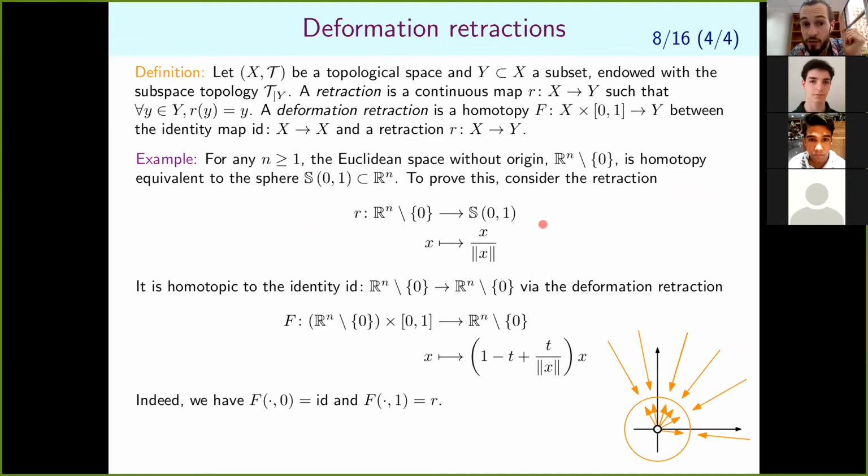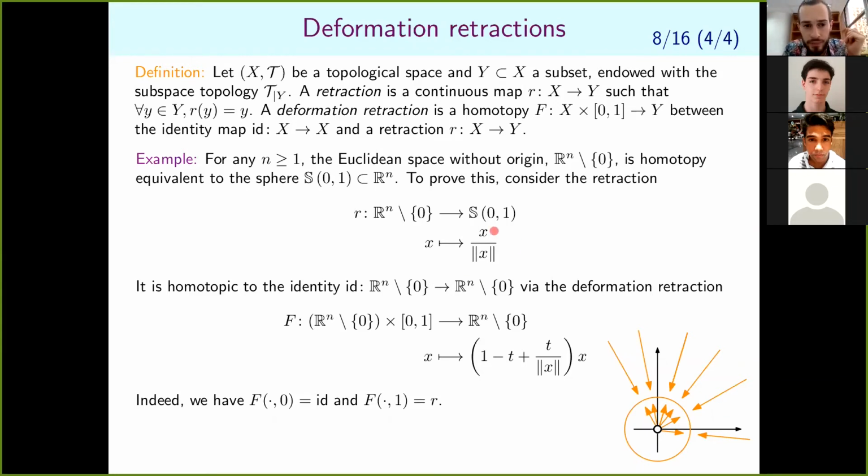And this is my retraction. Take any point in the Euclidean space and map it to itself divided by its norm. This is actually an element of the sphere, because the sphere is defined as the set of points with norm equal to 1.